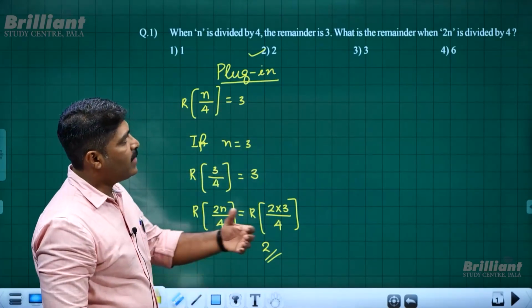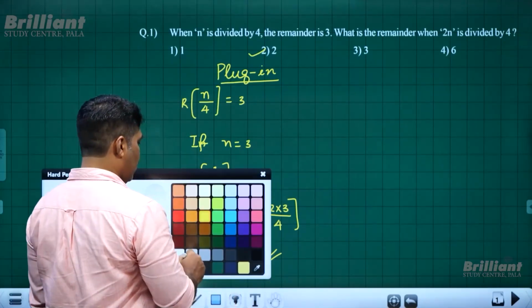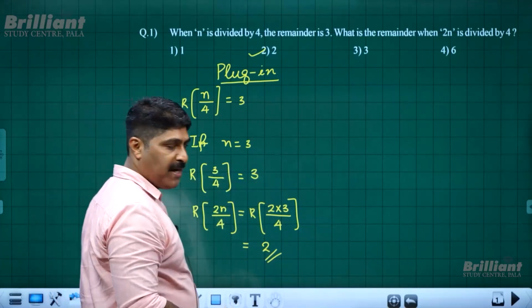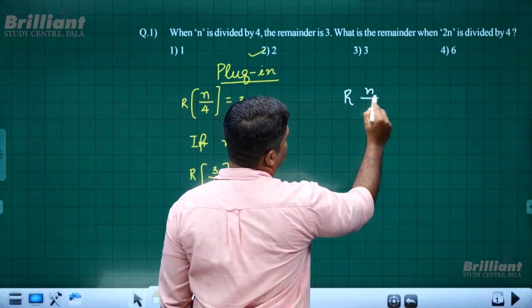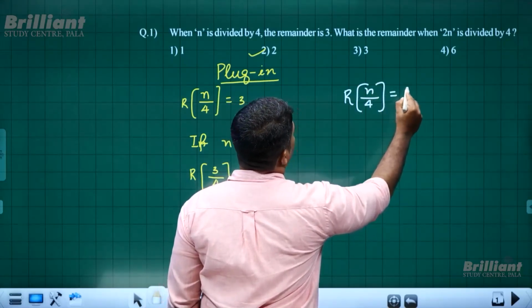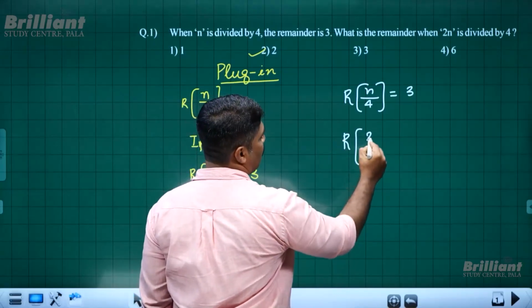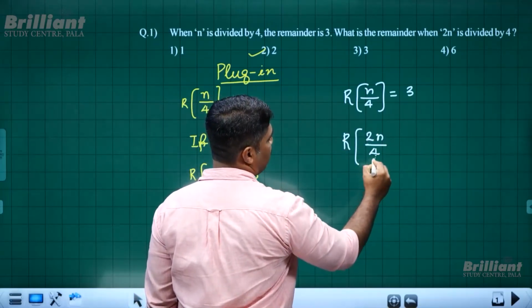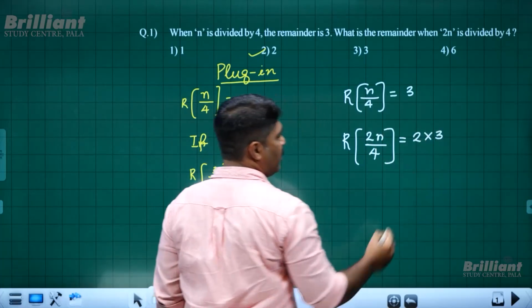Instead, if you are considering the concept-wise approach, what is it here? That's the basic idea of remainders. When a number is divided by 4, the remainder is 3. So when 2 times that number is divided by 4, no doubt the remainder will be 2 into 3.